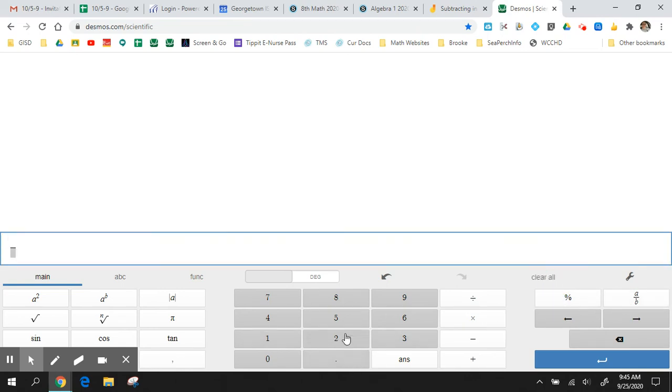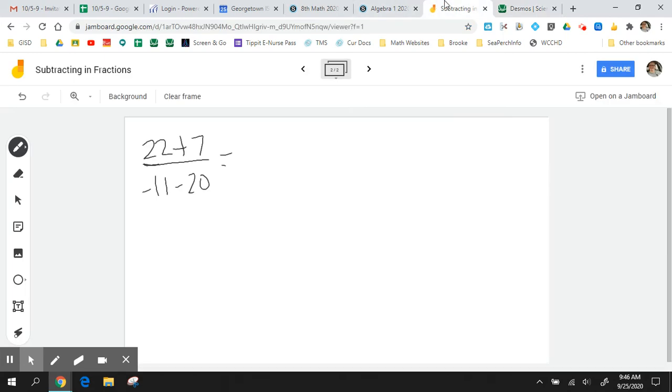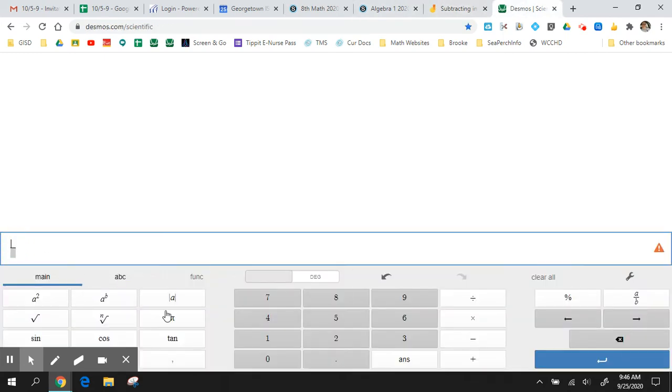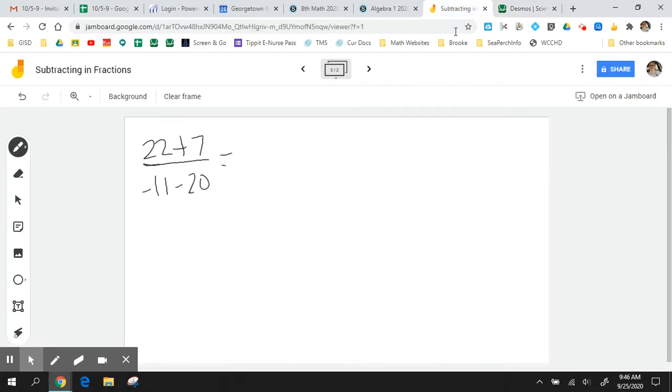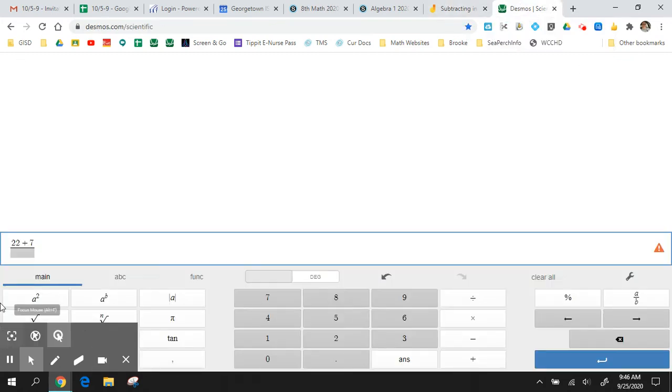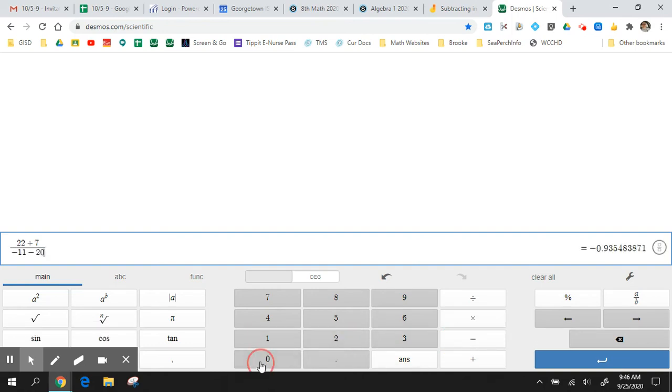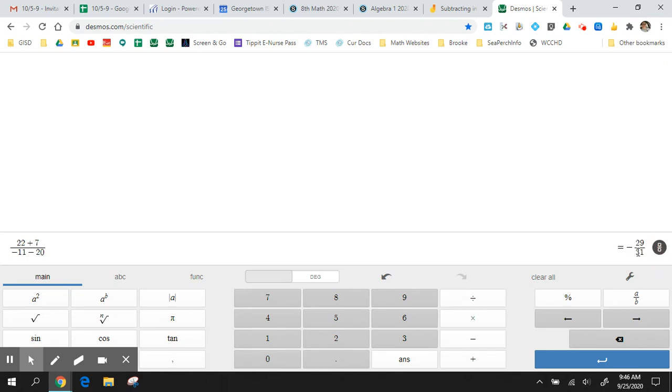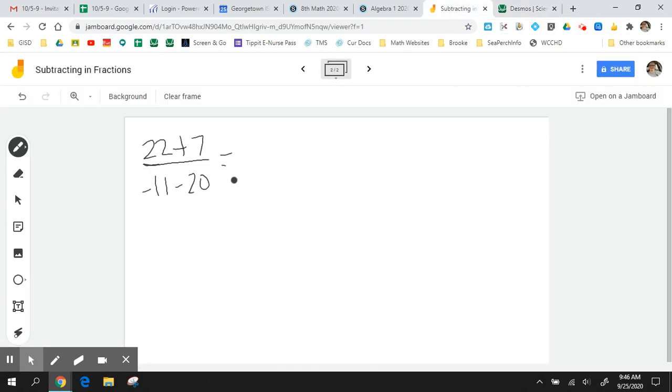My A over B, what is it? 22 plus 7, and it was a negative 11 minus 20. So I get a negative 0.935. Again, I just want my fraction: negative 29 over 31. So negative 29 over 31 is my answer.